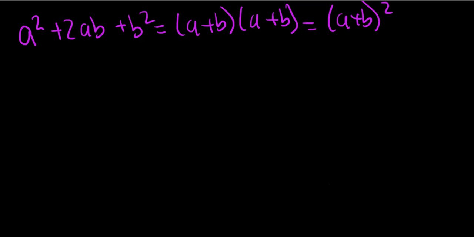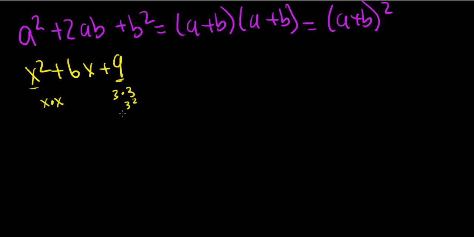Let's say we had x squared plus 6x plus 9. If both the first and the last terms are perfect squares, which in this case they are, because the square root of x squared would be x, and 9 would be 3 times 3, and the middle term is 2 times 1 factor from the first term and 1 factor from the last term.